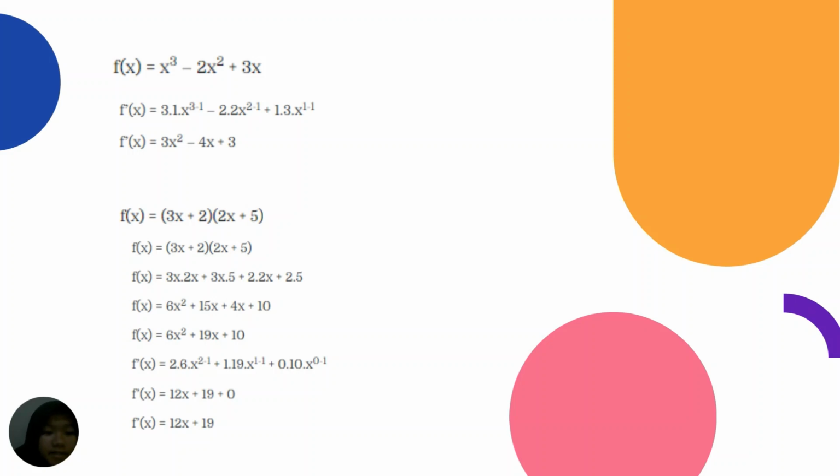Okay, the next question, f(x) is (3x plus 2) times (2x plus 5). Okay, here use the distribution.